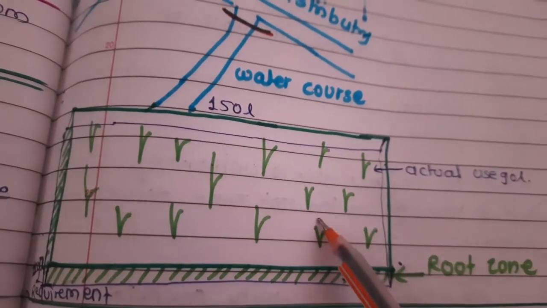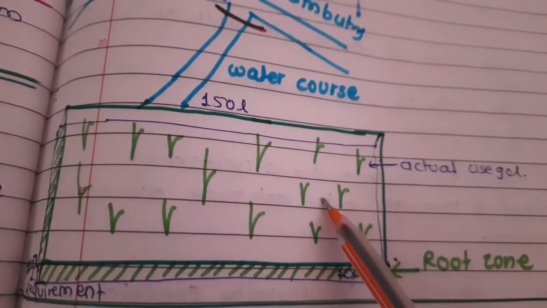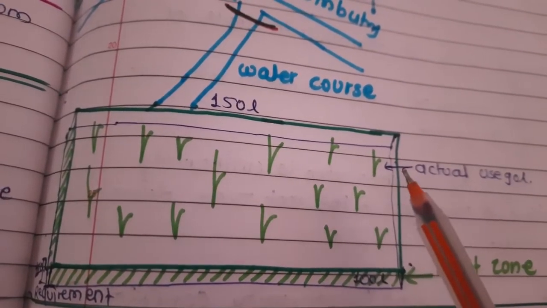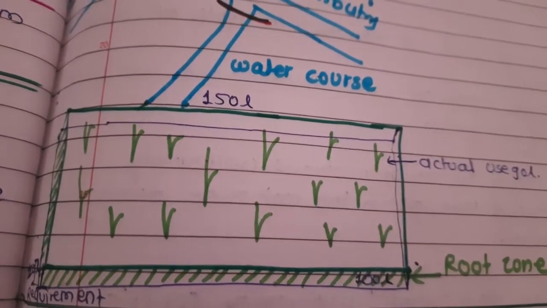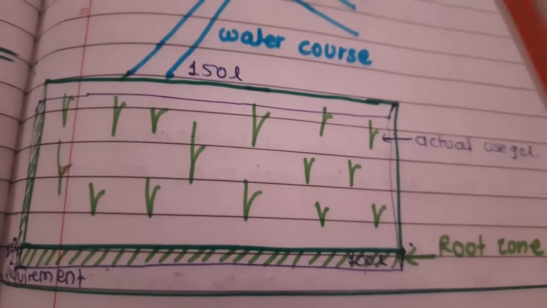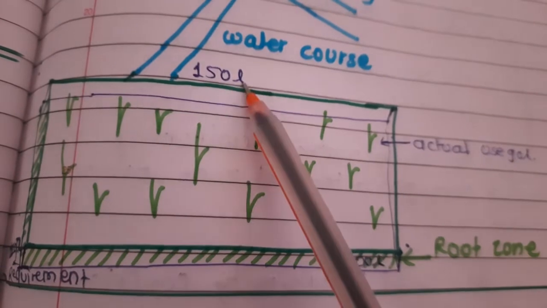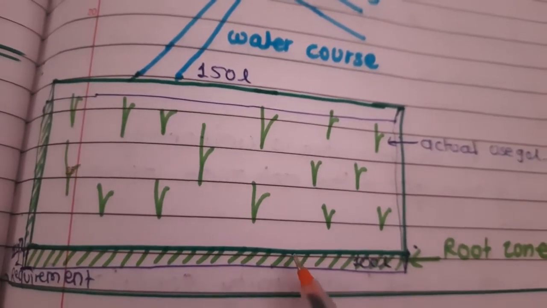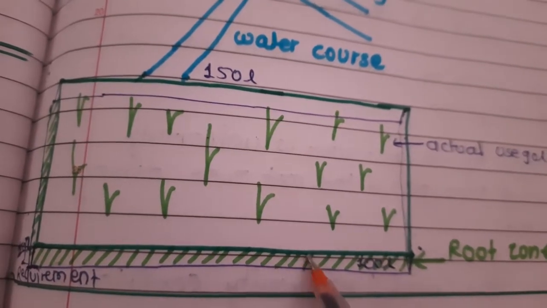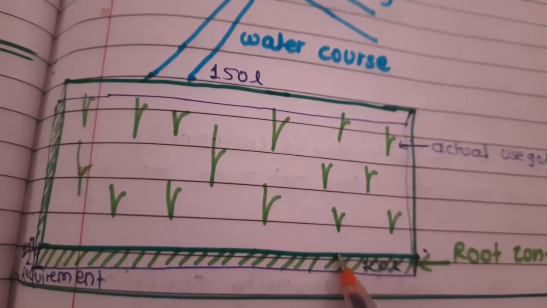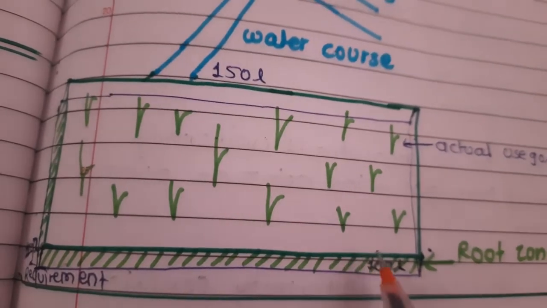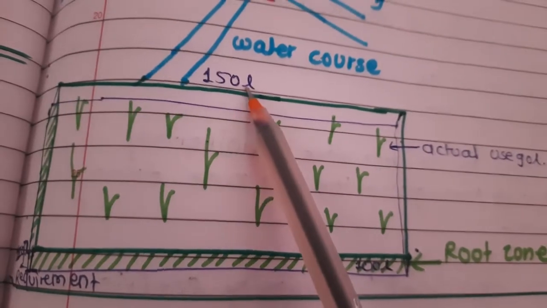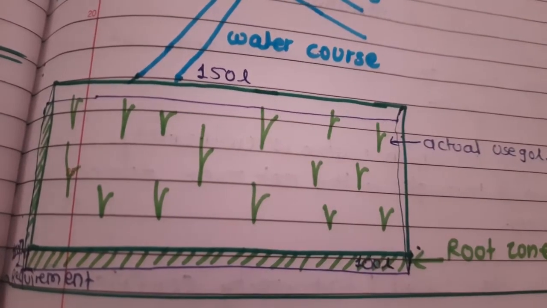No, there may also be losses: runoff losses, seepage losses and evaporation losses, etc. Hence we can say water application is 150 liters, but the root zone gets only 100 liters of water. Means the root zone stores only 100 liters of water, but application is 150 liters.